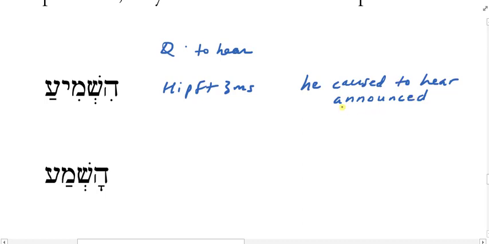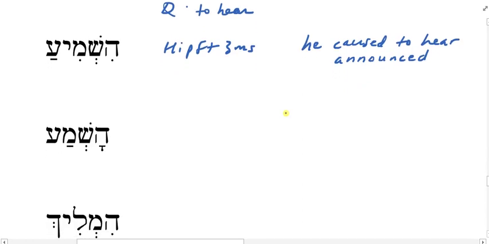Okay? Now, look at hoshma. You can tell the difference between these two, can't you? Both of them have hey prefixes, but this one's got the I class vowel. This one has the U class vowel, all right? So this one is clearly the Hophal. And then I've got my pathak, so Hophal perfect, 3ms. How would I translate this?